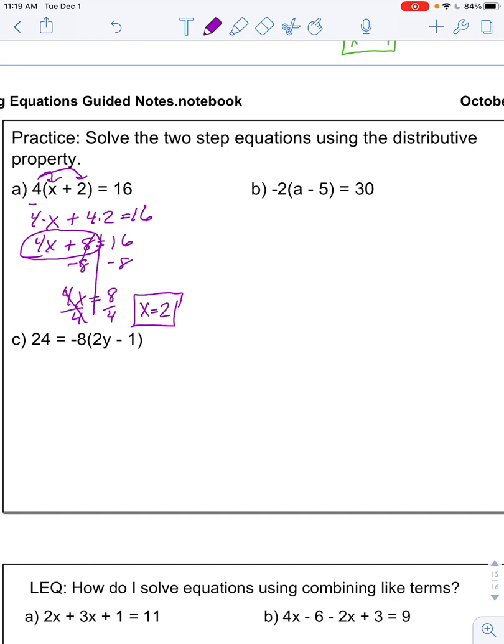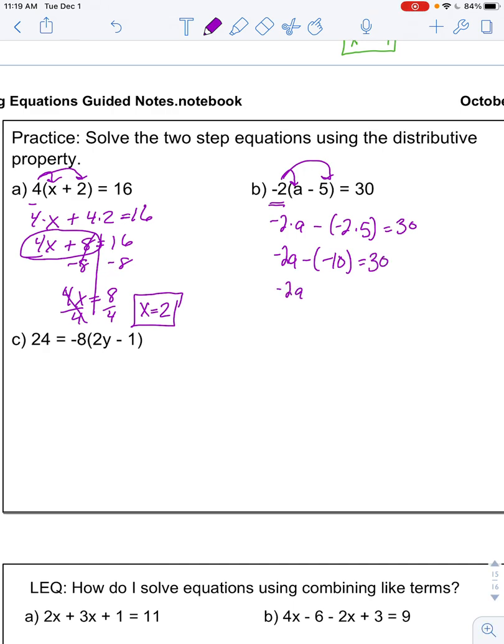All right, next one we got negative 2 times a and then negative 2 times 5. So negative 2 times a is negative 2a. Minus negative 2 times 5 is negative 10. That equals 30.